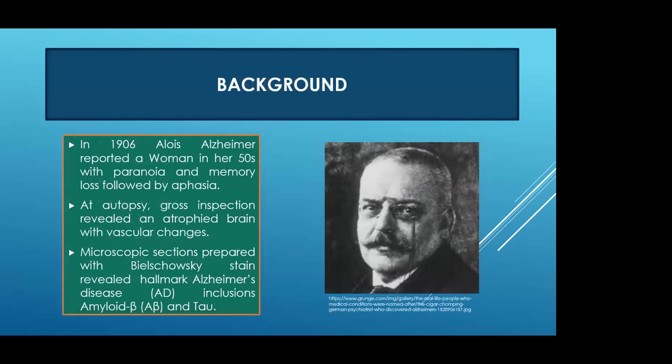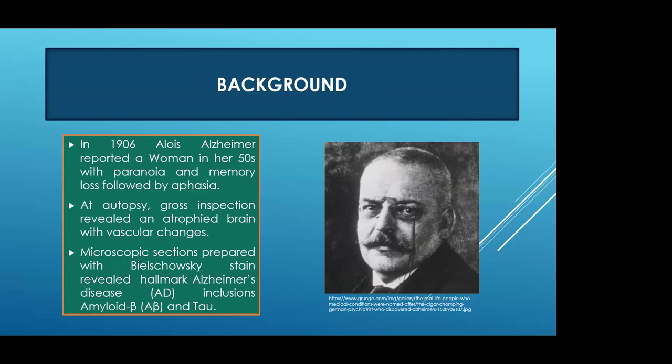I have to start by saying that in 1906, this gentleman on the screen, named Alois Alzheimer, a German psychiatrist, was the first one who reported a case of a woman. This lady was in her 50s. She was seen with paranoia and memory loss, which was followed later by aphasia, and then she eventually lost her ability to perform any kind of motor tasks.